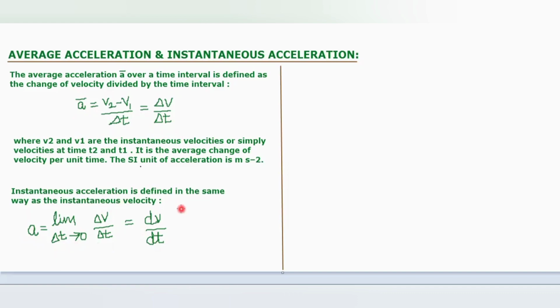Average acceleration is the average value in that given time interval, but the instantaneous acceleration is the value of acceleration at that particular instant, when the time interval approaches 0. So this is average acceleration and instantaneous acceleration. Simply, we can say instantaneous acceleration is the rate of change of velocity.